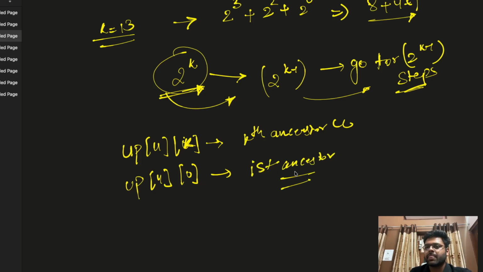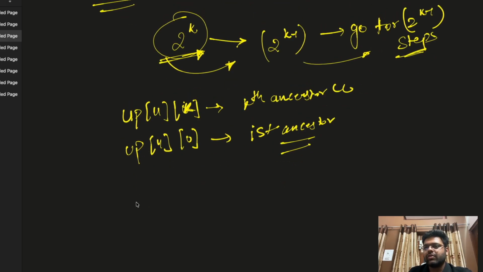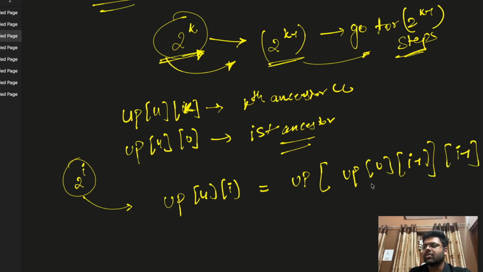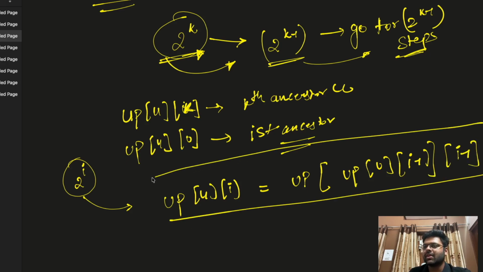So how do we find the 2 to the power ith ancestor? We could simply break it: up of u comma i is found by finding for i minus 1, then again finding for i minus 1. So this is how our dp state, or dp transition, would look.